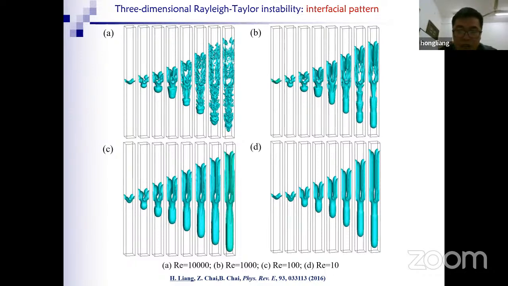Also, we can see many small-scale structures, and the interface can take on break-up behaviors at the later time stages. And for small Reynolds numbers, we cannot see the break-up of the interface, and the spike also falls down freely. Next.